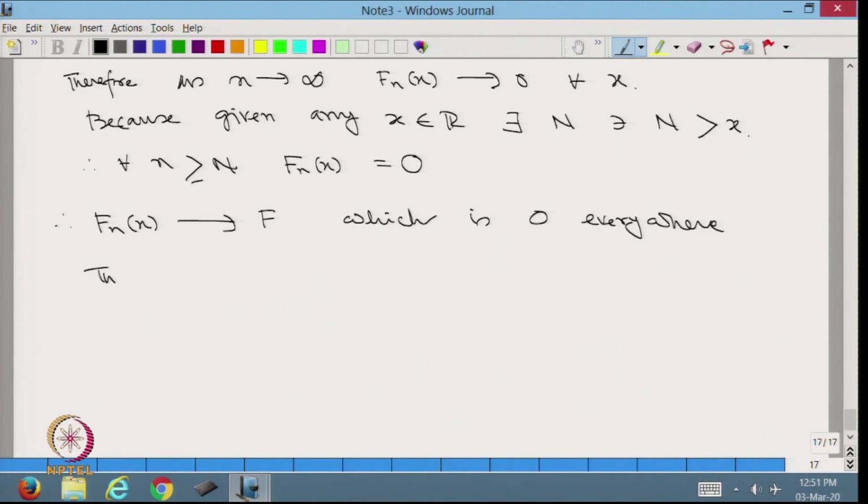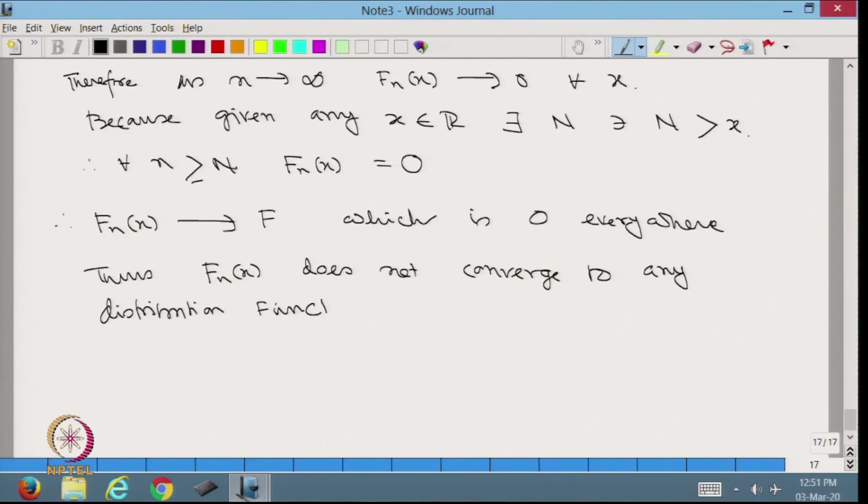Thus, F_n(x) does not converge to any distribution function F, as mentioned earlier.